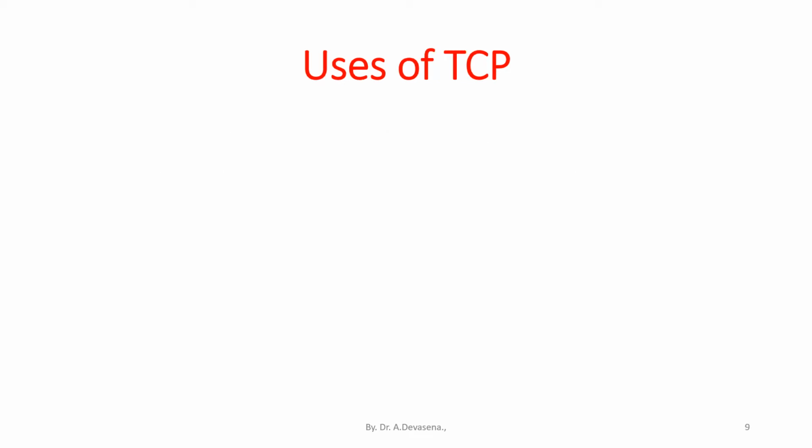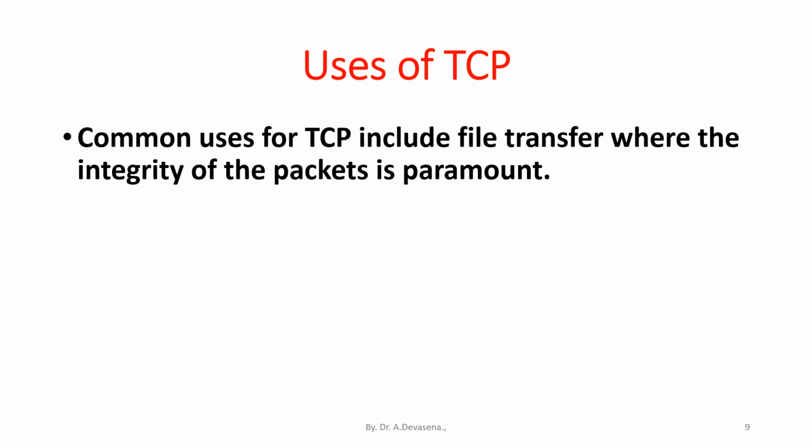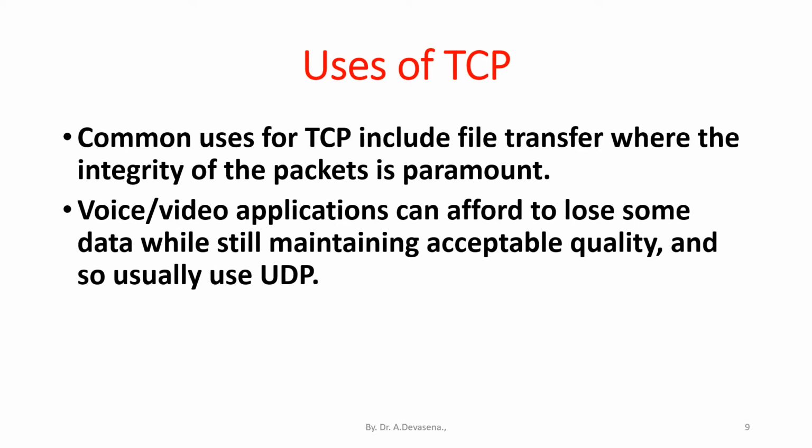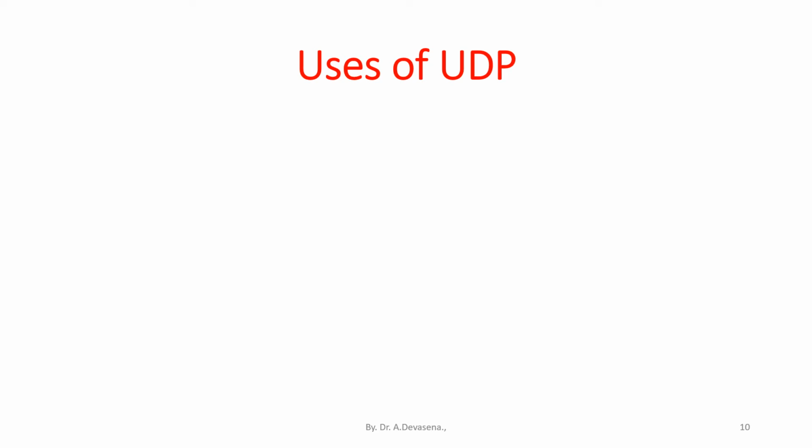Uses of TCP. Common uses of TCP include file transfer, where the integrity of the packets is paramount. Voice and video applications can afford to lose some data while still maintaining acceptable quality, and so usually use UDP. Uses of UDP.